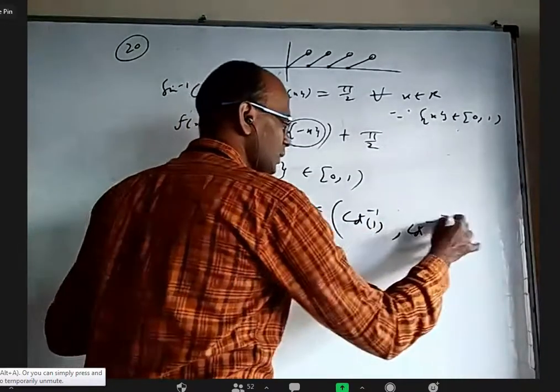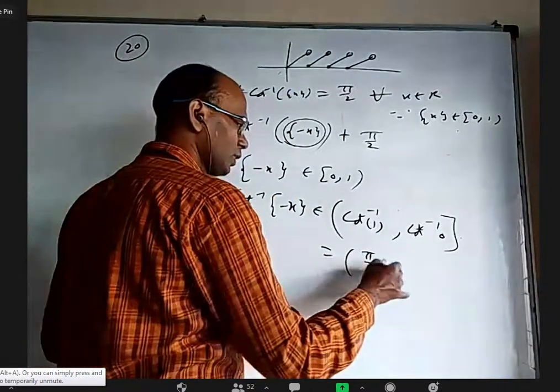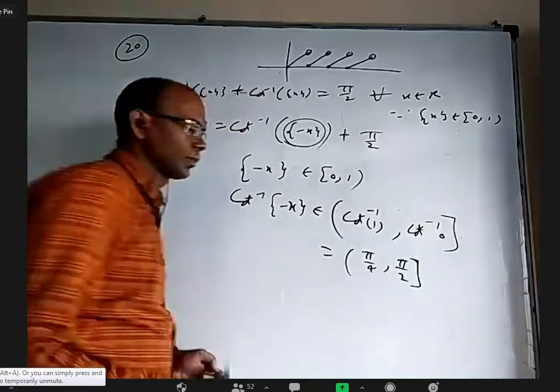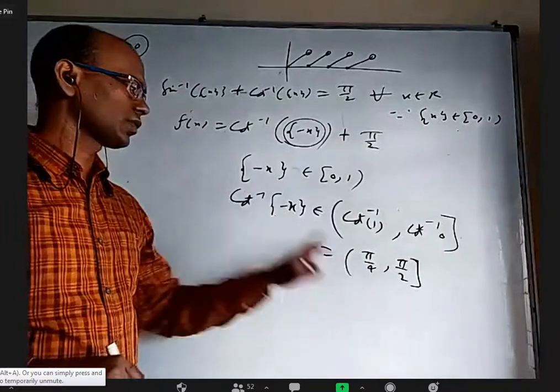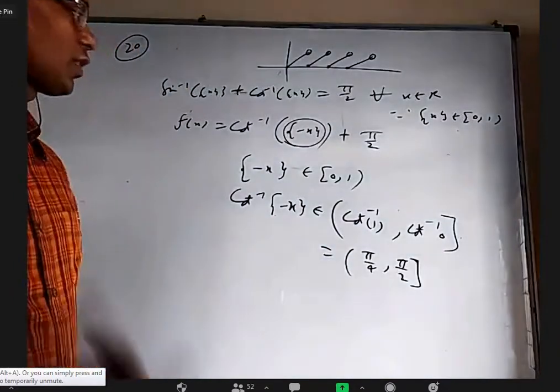This is open and this is closed. And this is pi by 4 and that is pi by 2. Cot inverse 0 is 90 degrees and cot inverse 1 is 45, and because 1 is open, 45 is open. And for that we have to add pi by 2 now.